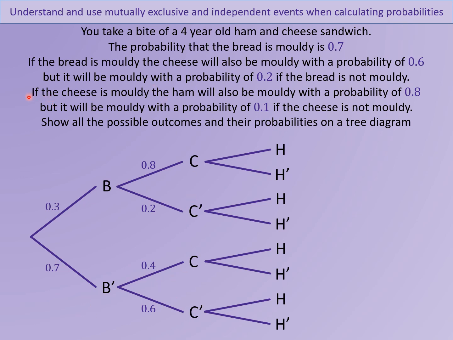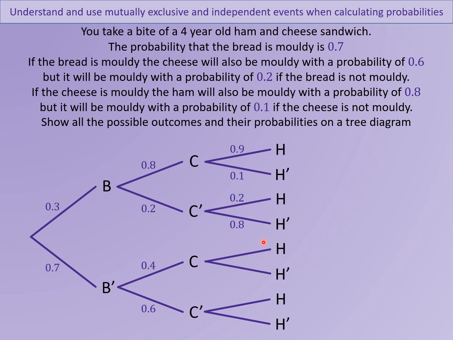Right, what's the next bit? If the cheese is mouldy, so that's there, then the ham will also be mouldy with a probability of 0.8. So the ham is affected by the cheese. It's not protected by the bread. So I can fill that in. Also, it'll be mouldy with probability of 0.1 if the cheese is not mouldy. So 0.1 if the cheese is not mouldy, that's great. But it'll be 0.2 and 0.8 if the cheese is mouldy.